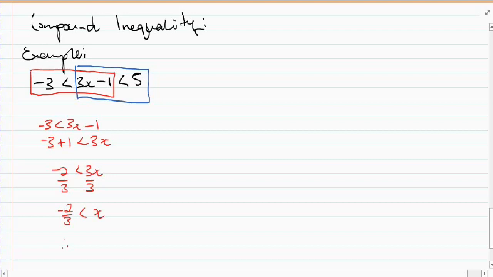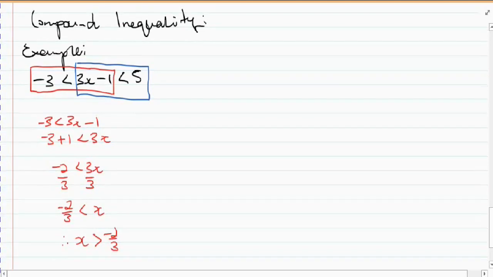Reading it from right to left, x is bigger than -2 over 3, so we can write x greater than -2 over 3. This is still our old inequality. We didn't reverse anything, we just changed the way we read or write it. Now for the other part, we have 3x minus 1 is less than 5.